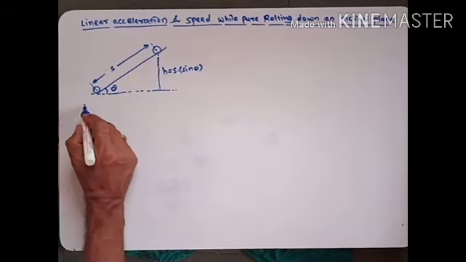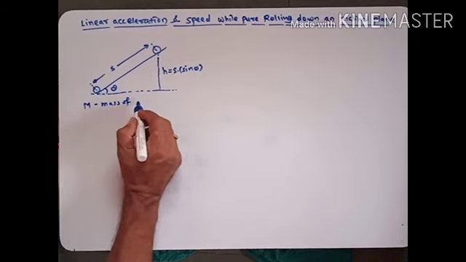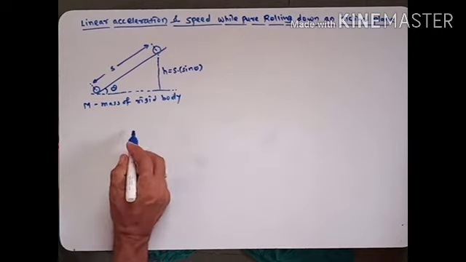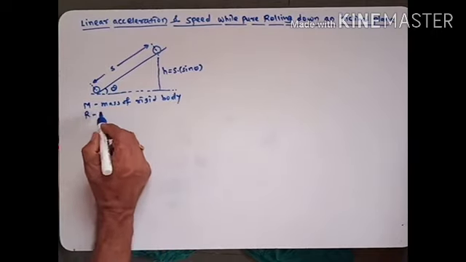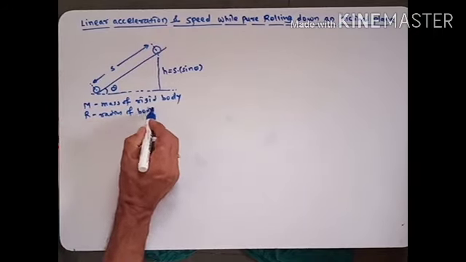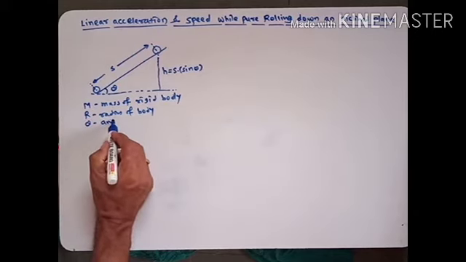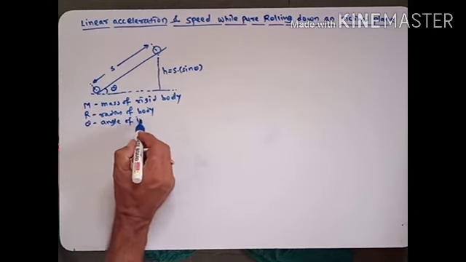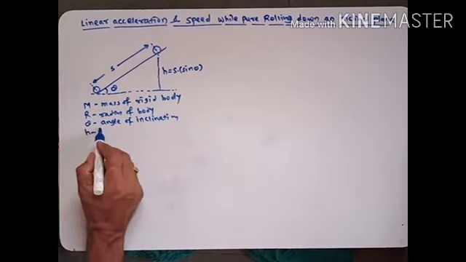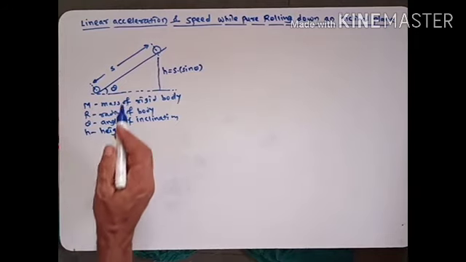Let M be the mass of the rigid body, R the radius of the body, theta the angle of inclination, and H the vertical height from which the body starts rolling.